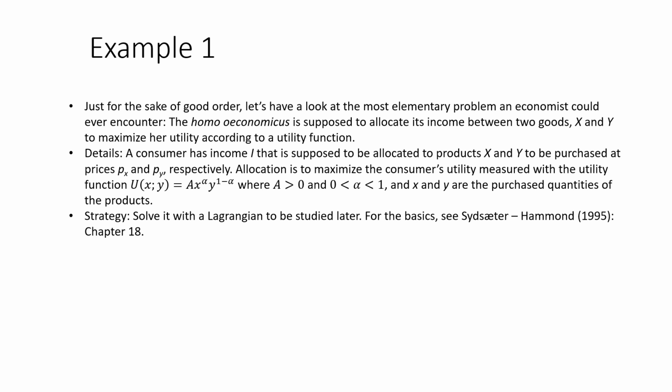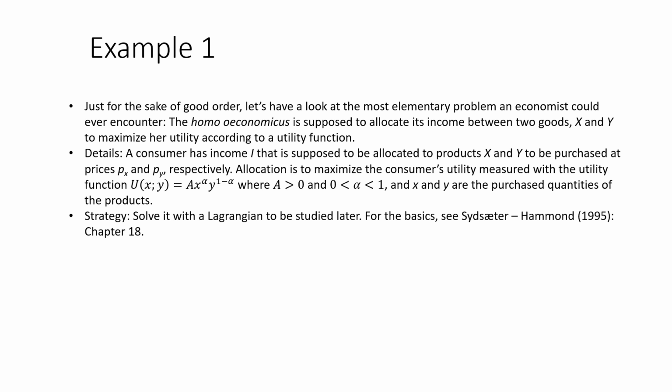We have an agent called the Homo economicus, the economic man, who is supposed to allocate her income between two goods, X and Y, in a way that maximizes her utility measured with the utility function. I know this problem is familiar to you. This is an elementary problem from elementary microeconomics, but for the sake of good order, let's have a look at this problem. Let's solve it.